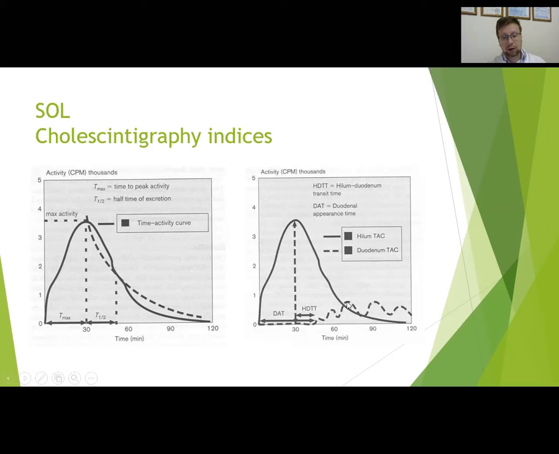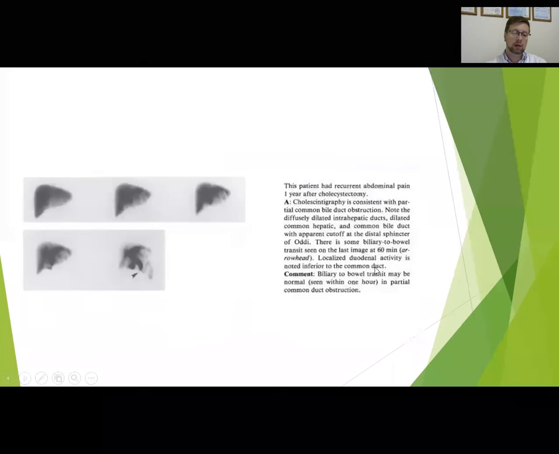And you can see how the bile is coming to the duodenum in so-called waves with such a frequency, which illustrates the peristalsis.